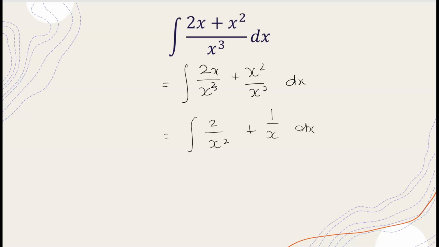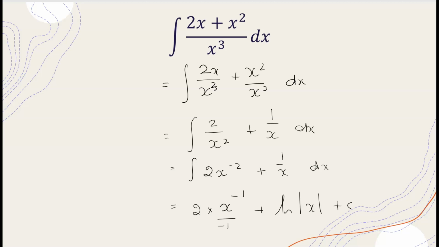Now each of those is integrable, because we could rewrite that as 2x to the negative 2 plus 1 over x, because that's a special case, we know about that one. So then it becomes x to the negative 1 over negative 1 times the 2 that was there, plus the natural log of x plus c. And whether or not you want to tidy up that 2 over x plus natural log x plus c, that's fine, you don't have to. I need to put a negative sign there.